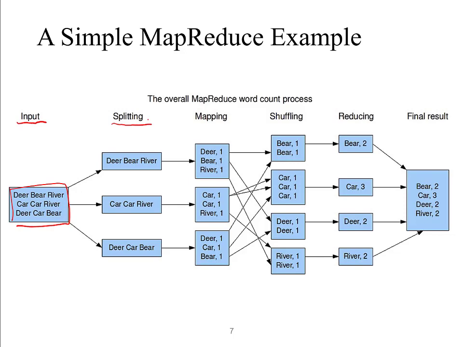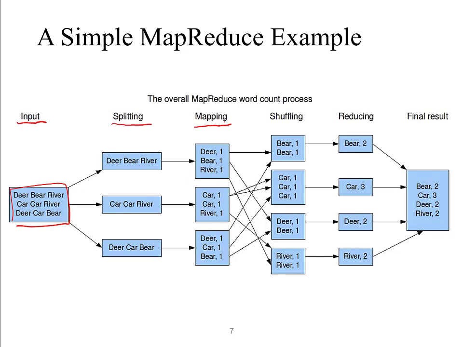Each part is one line from the input file, like Dear Bear River, Car Car River, or Deer Car Bear here. Note that this is just an example, but in reality the splitting is usually based on blocks.